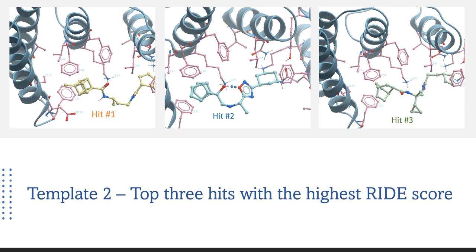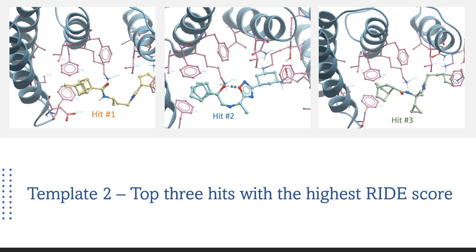After virtual screening was completed with template 2, 3 hits with the highest RI score were selected as representative examples for protein-ligand interaction analysis. Here, the crystal structure used in the virtual screening is the human CHIP instead of the mouse CHIP. Although the amino acid sequence of human CHIP is 98% identical to that of the mouse CHIP, the position of phenylalanine is labeled with a different number from that in the mouse CHIP.